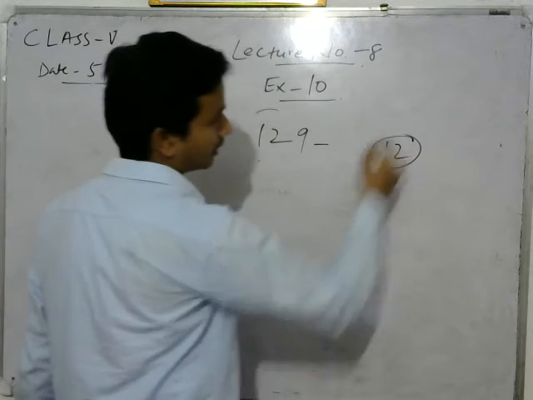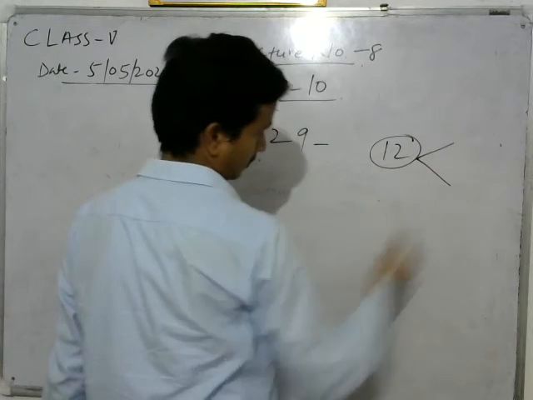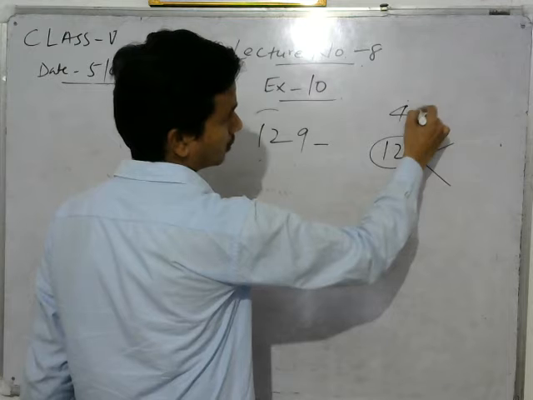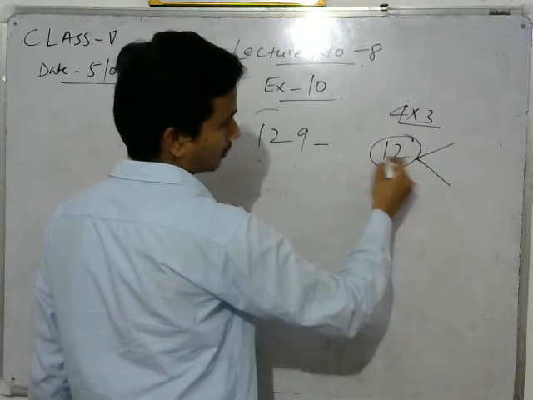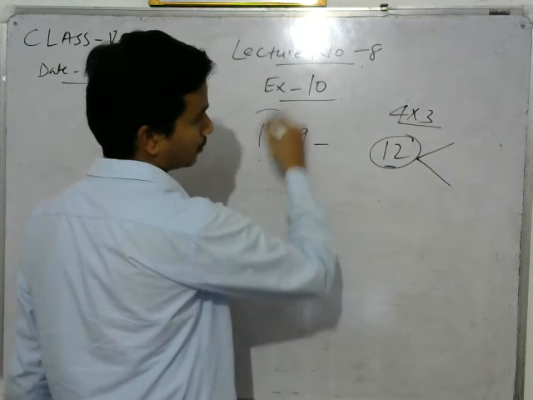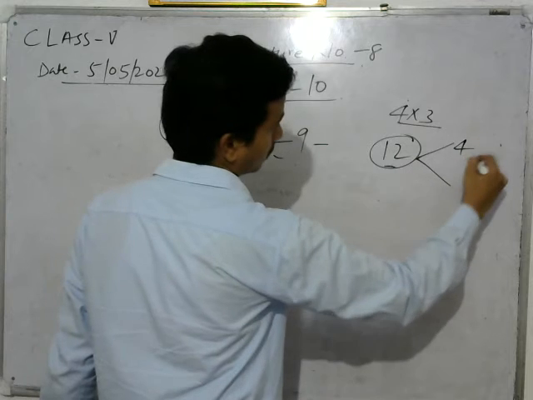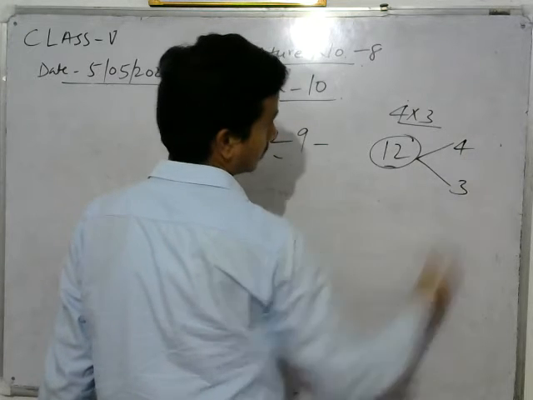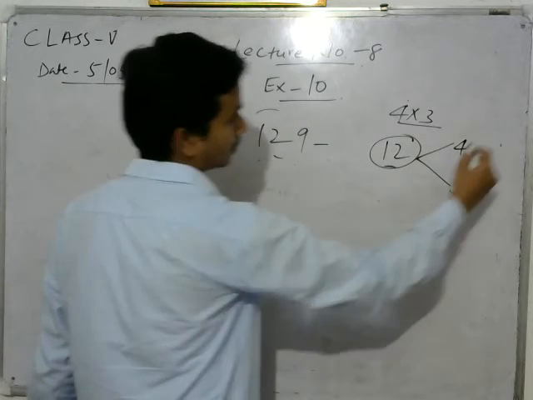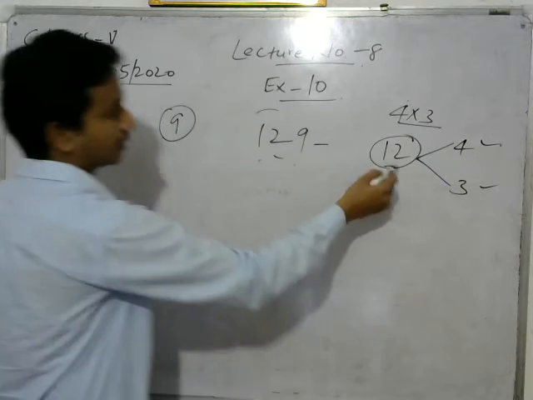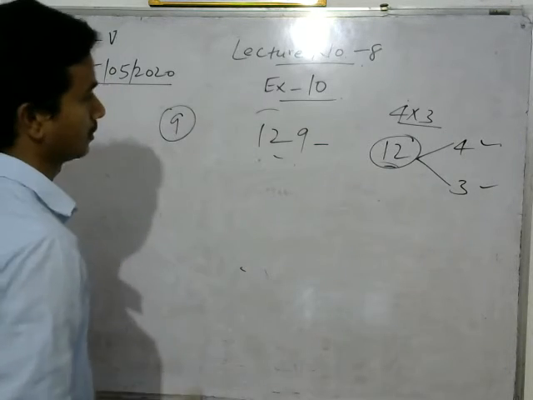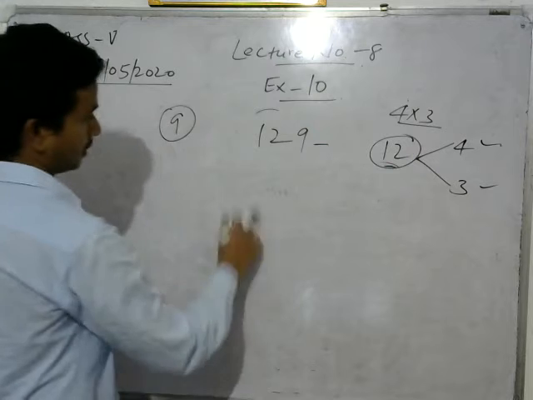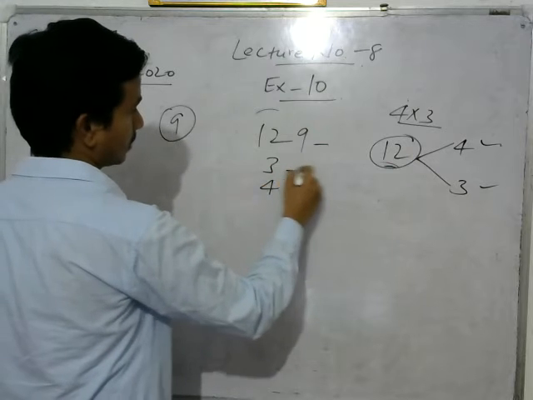So for divisibility by 12, because we know that 4 threes are 12, the given number should be divisible by 4 as well as 3 both. If any number is divisible by 4 and 3 both, then we can say that it is divisible by 12 also. So now check if it is divisible by 3 and 4.